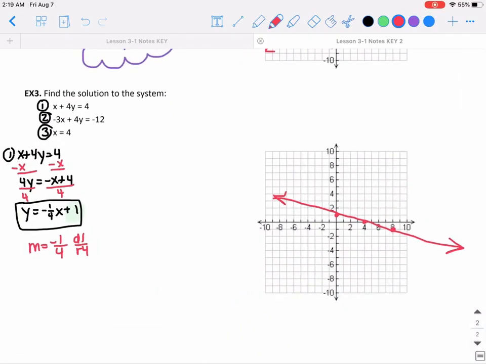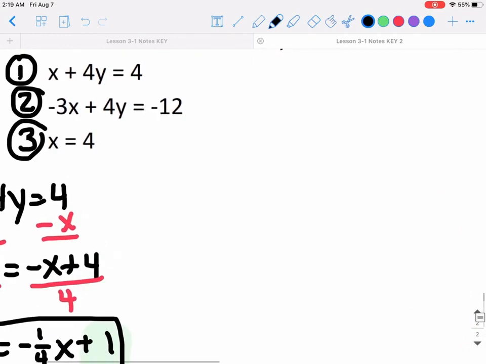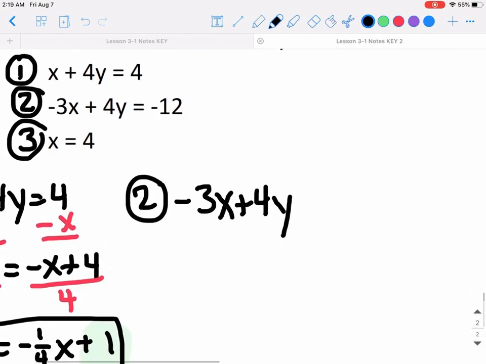Okay, for equation number 2, I have negative 3x plus 4y is equal to negative 12. First thing I got to do is get this y by itself. So it's in slope-intercept form, so I can graph it easily. So I'm going to add 3x on both sides.